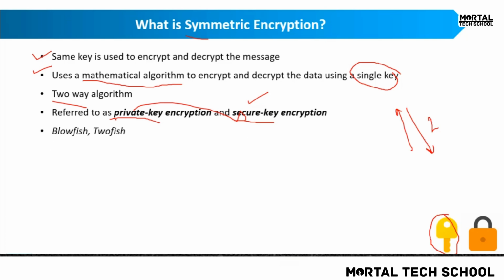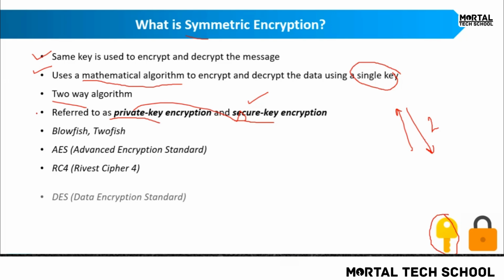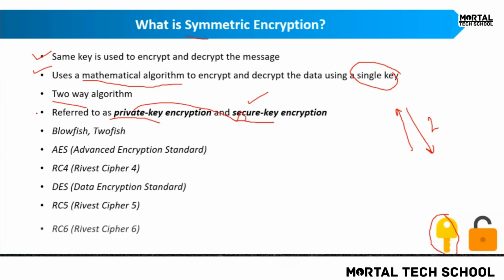Now let us have a look at examples of symmetric key encryption: Blowfish algorithm, Twofish algorithm, Advanced Encryption Standard, Data Encryption Standard, and RC4, RC5, and RC6 versions are a few examples. One of the drawbacks of symmetric encryption is the secure sharing of keys.